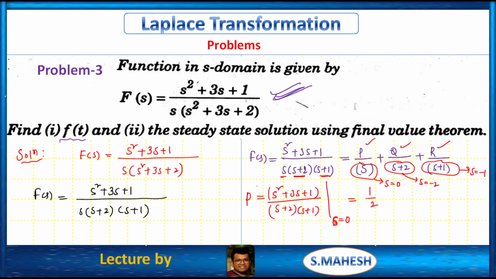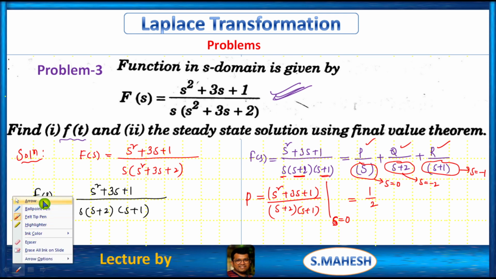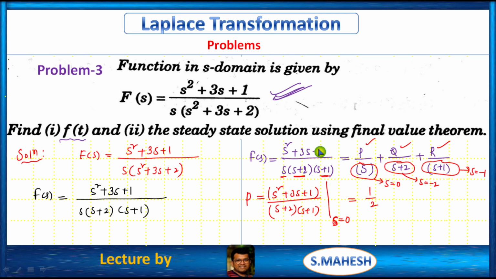Partial fraction means take the given function and extract the fractions from it. The numerator part stays as it is, but you have to manipulate the denominator part into factors, that is, s into (s plus 2) into (s plus 1). Therefore we can form the fractions: P by s, some constant by (s plus 2), and some constant by (s plus 1).